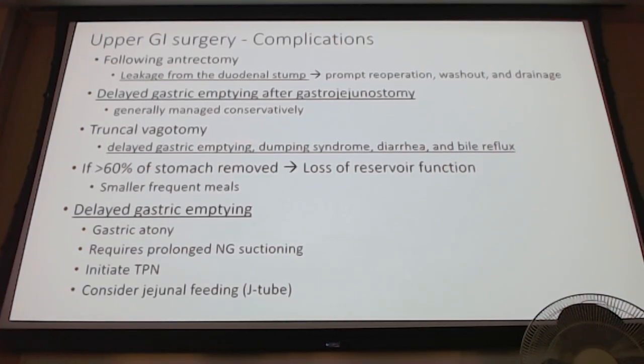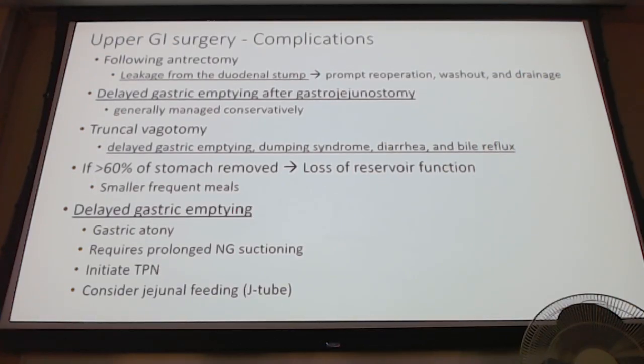There's nothing we can do. A lot of the times it's dietary changes, but this is part of informed consent, that these are parts of the risks that they may get if we do a vagotomy. If we take more than 60% of their stomach, smaller frequent meals, and then again, delayed gastric emptying.